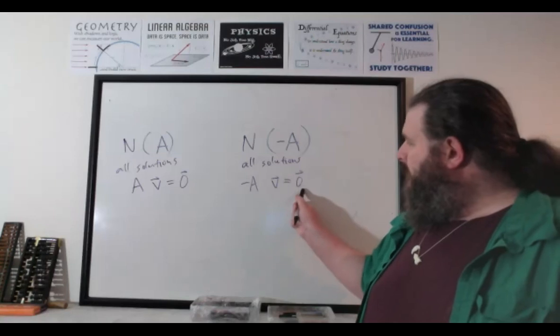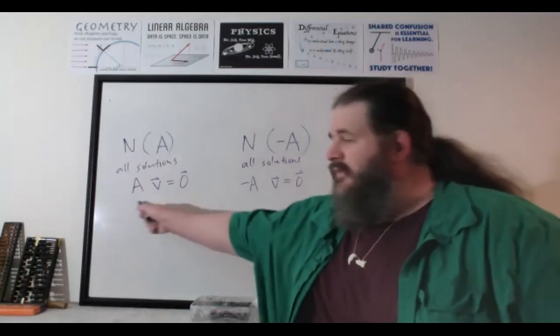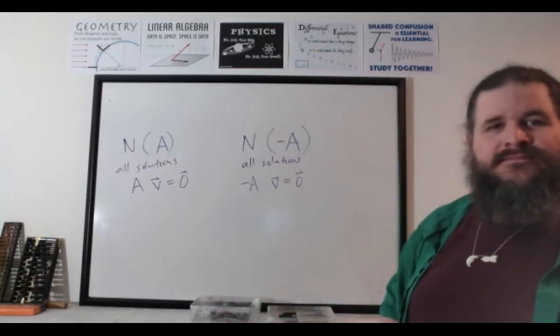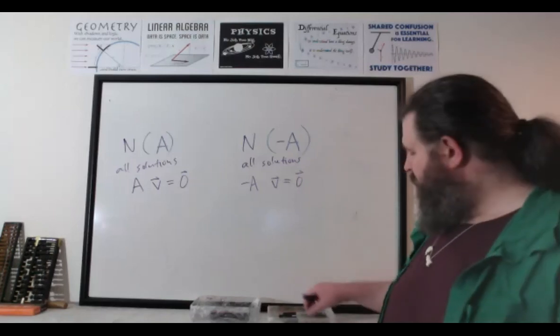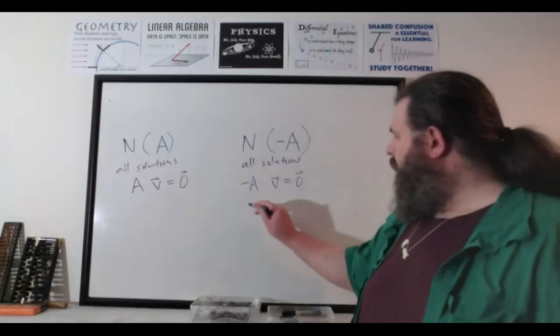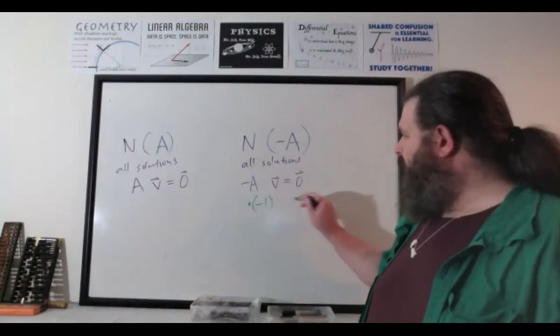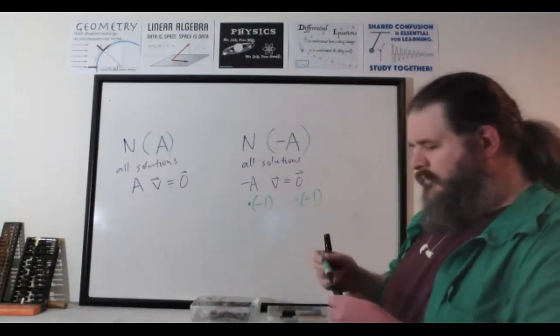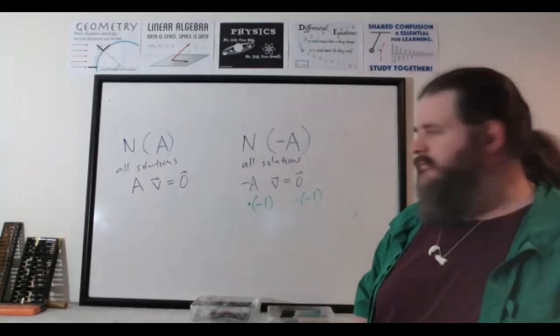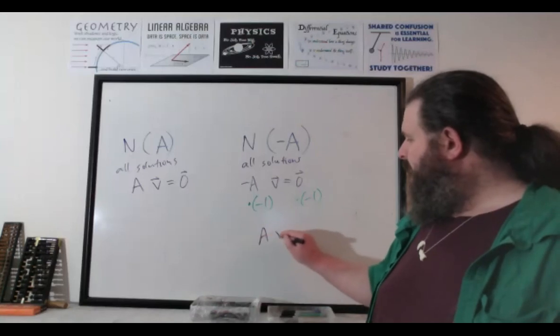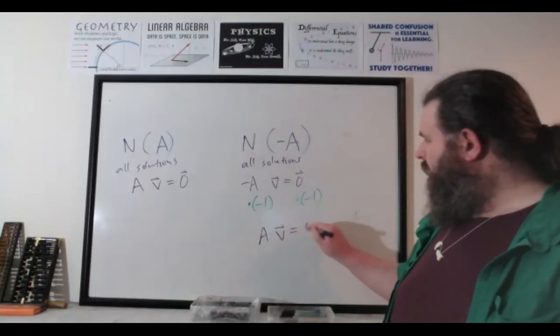Is there any way you could modify this equation to make it look like this equation? Well, multiply both sides by -1. Yeah, if we just multiply both sides by -1, what do we get? A times V equals 0.